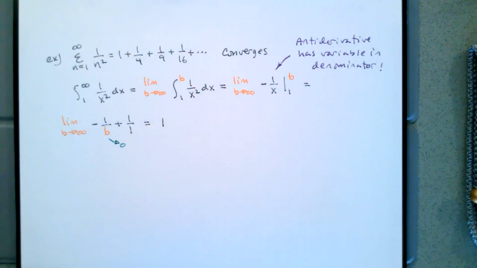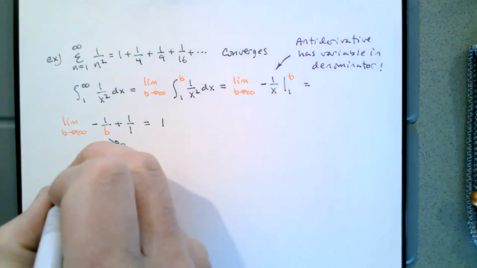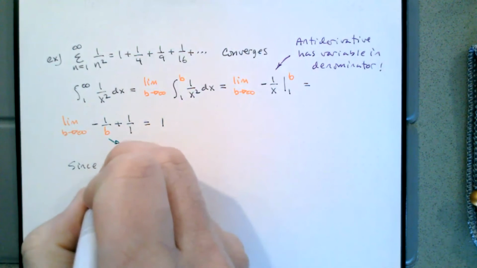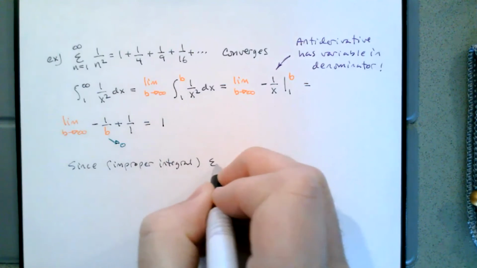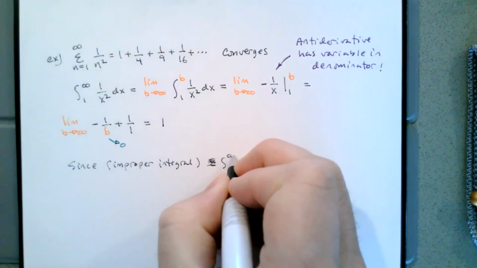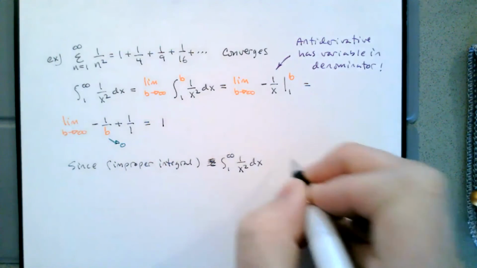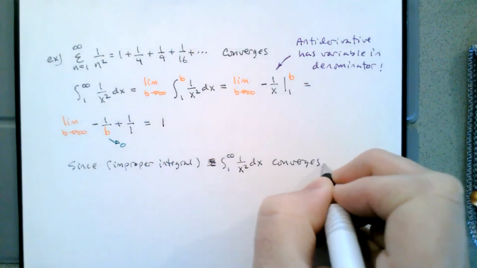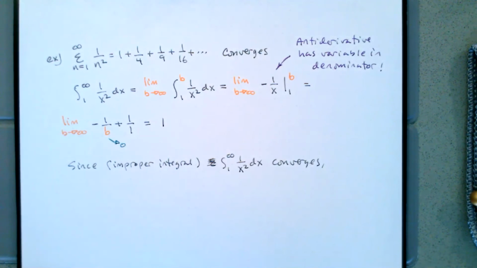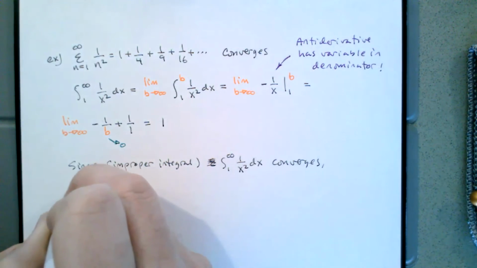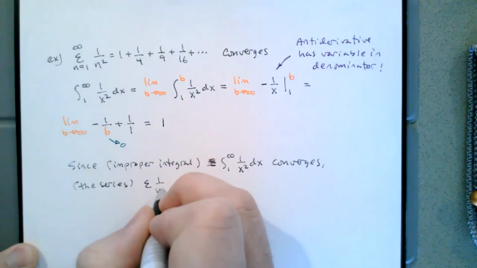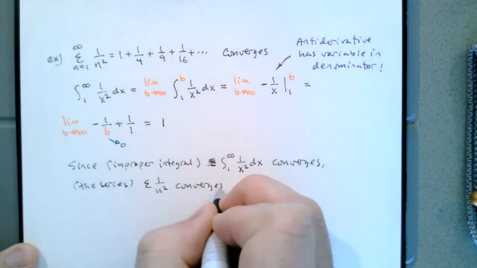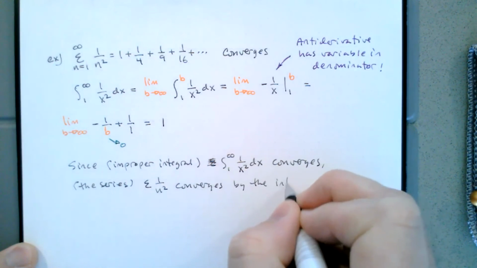So we can conclude, since the improper integral, the integral from 1 to infinity of 1 over x squared dx, converges, the series 1 over n squared converges by the integral test.